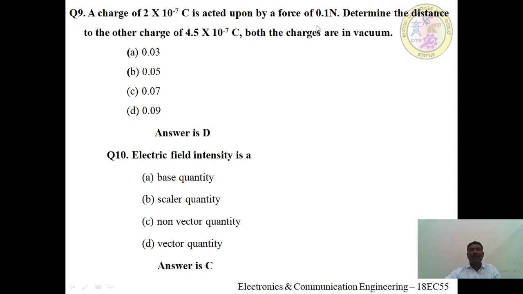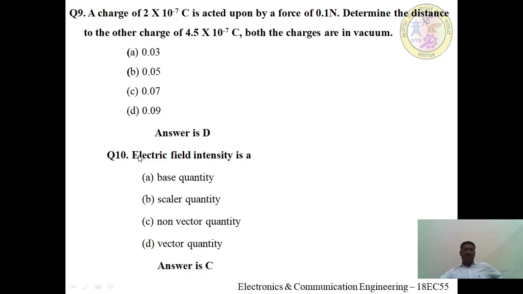Here F is given, Q1 and Q2 are given. What do you want to find out? The distance. 4 pi epsilon naught is a constant, we know that. Substituting the values, you can get the answer, and you can do it this way.